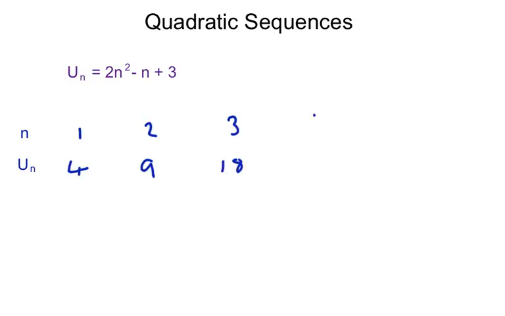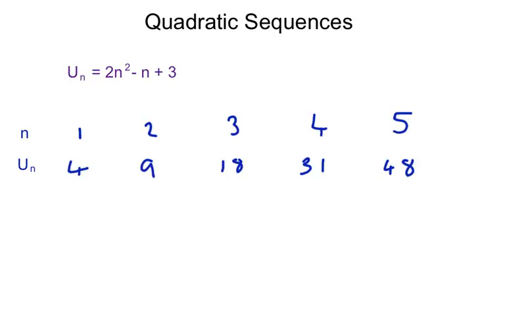When n is 4, we get 2 times 4 squared minus 4 plus 3, which gives us 31. And when n is 5, we get 2 times 5 squared minus 5 plus 3, which is 48.